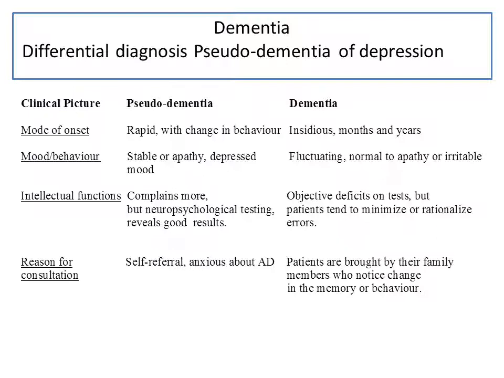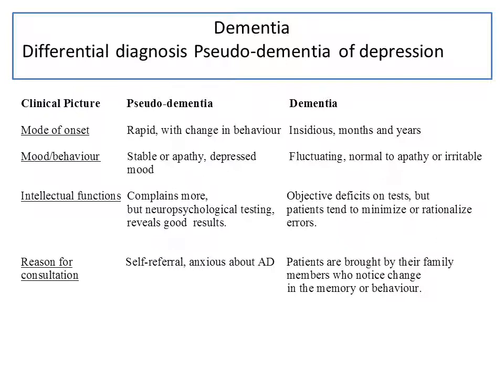However, the intellectual functions are intact. The patient complains, but on neuropsychological testing, the tests are good and there is no impairment. And the patient comes by himself and is anxious that he may have something like Alzheimer's disease.